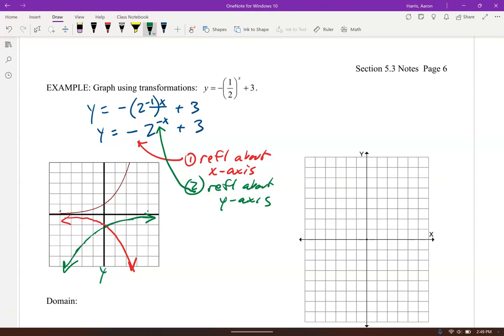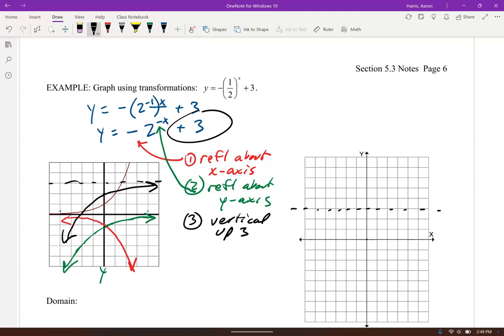And now we're going to bump that whole thing up 3. So we bumped it up 3, it's going to bump that whole thing up. The 1 in green, 1, 3. So it's the 1 in green up 3.